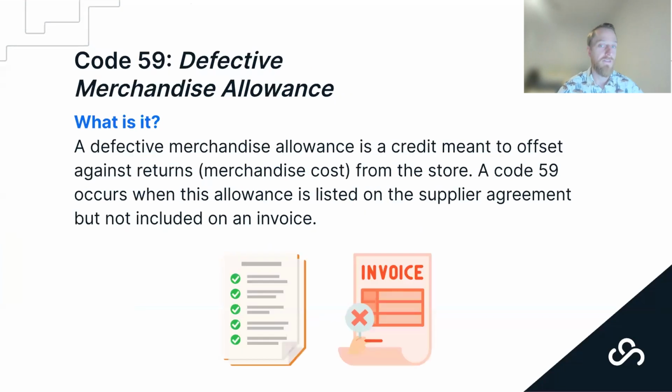Pretty much all of the allowance deductions will mirror that format and rules or criteria. Code 59 is a defective merchandise allowance. So that is the scenario when you agree to give Walmart a defective allowance and Walmart expects it, doesn't see it on the invoice, then they'll take it as a code 59 defective allowance.